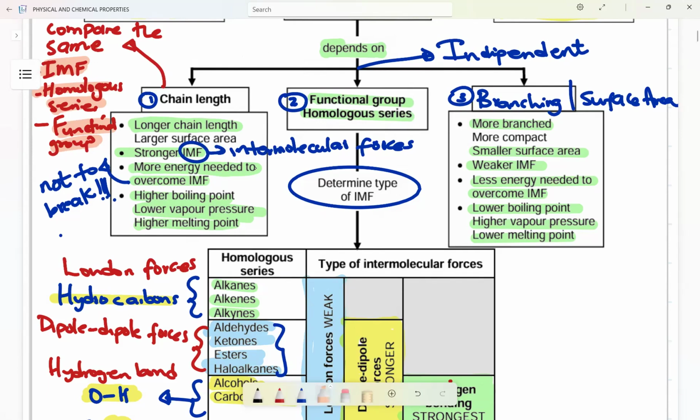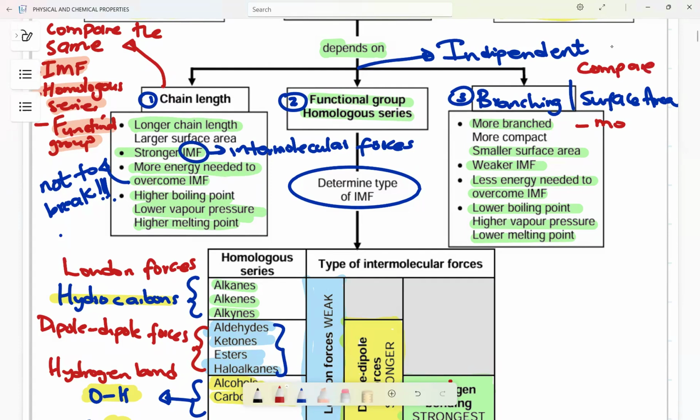Similarly, when we talk about branching, they should be of what? The important part about branching is it should have the same molecular formula.